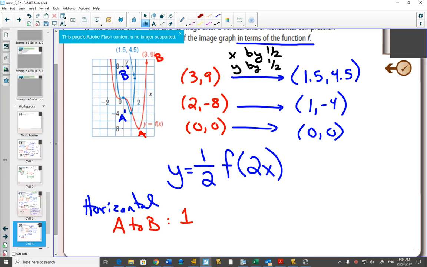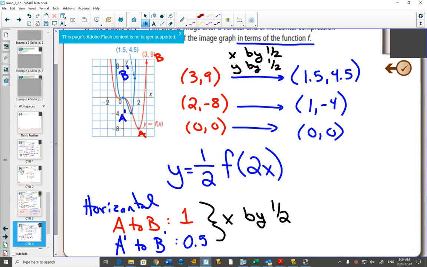That would be the horizontal distance between A and B. If you look at the horizontal distance from A prime to B prime, you go from 1 to 1.5. How do you go from 1 to 0.5? You would have to multiply x by 1/2. The horizontal distance was 1, now it's 1/2. How would I do that? I would have to multiply x by 1/2.